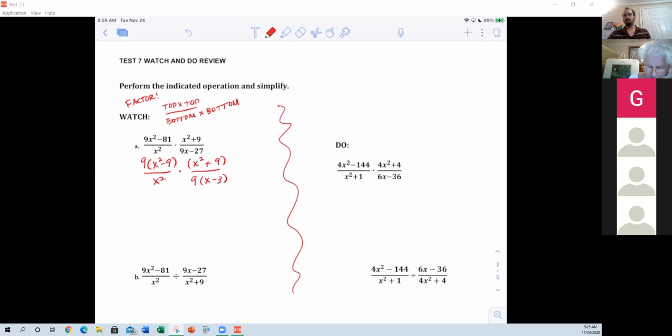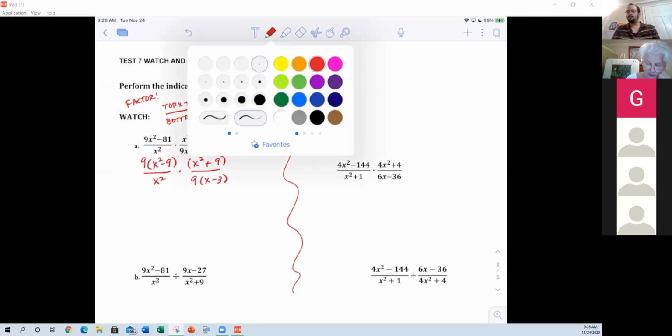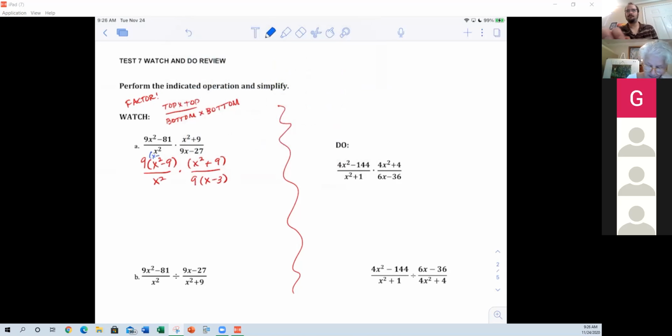And you can factor out a 9 here as well. X squared plus 9 will not factor, but x squared minus 9 will. It will factor to be x minus 3, x plus 3. And now what we have to do is start canceling common factors.